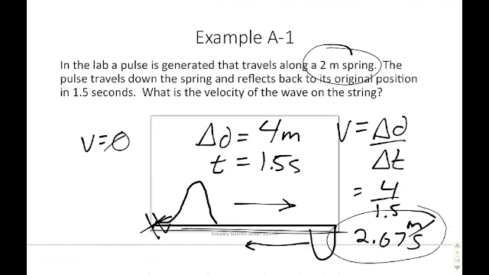And yes, I know that the velocity should technically be zero, but just realize that you have to read the question and figure out what's going on here. You're trying to figure out how fast the wave is on the string. It's just because of the experiment that it appears to be zero, but the wave is traveling 2.67 meters per second the entire time. So you should be able to do that. That's kind of a review.